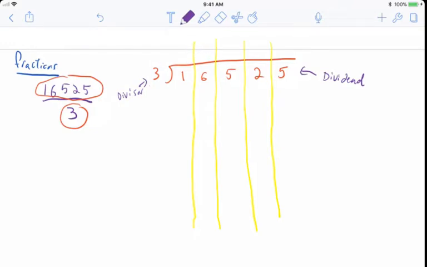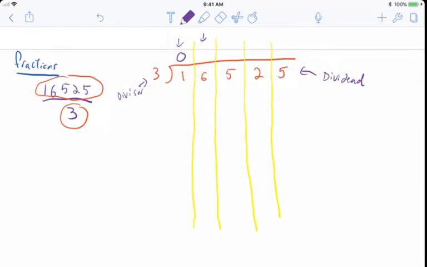Okay, so you start in this column. There's nothing I can multiply 3 by to make it larger that gives you a number smaller than 1. So I'll write a 0 there. 0 means just ignore it for now. Okay, so then I'm going to fill in this column. 16.